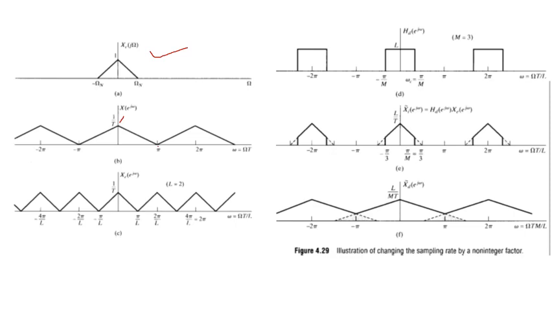This is 1 by T, the amplitude. This is in the discrete Fourier transform, as you can see here. Now we are doing the interpolation here because we are changing the T to T by L. So we are compressing the axis, we are dividing by L. So this pi point will come to pi by L, this 2 pi will come to 2 pi by L, and so on.